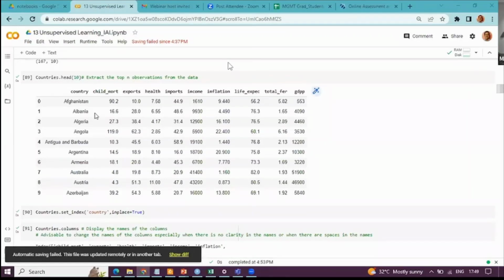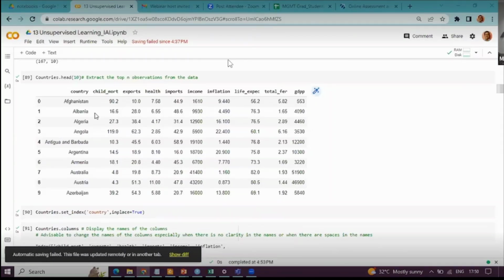Similarly, let's say I look at customer-related transactions data. If I do a clustering and I am able to identify a few customers as a part of one cluster, and suppose a couple of people in that cluster have committed fraud.